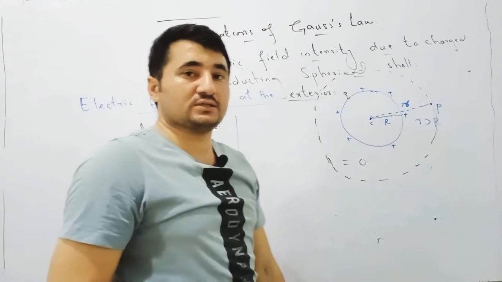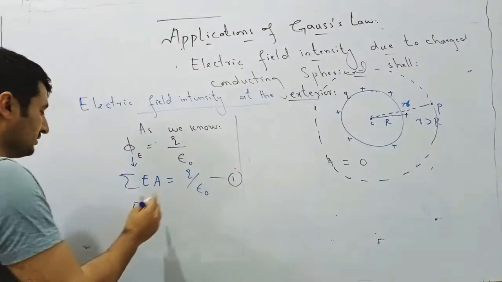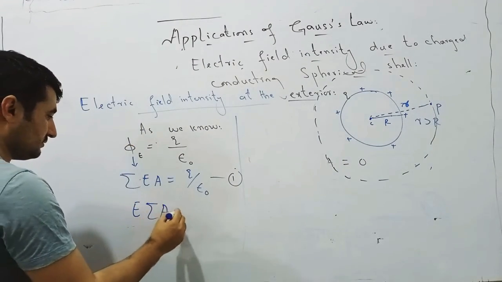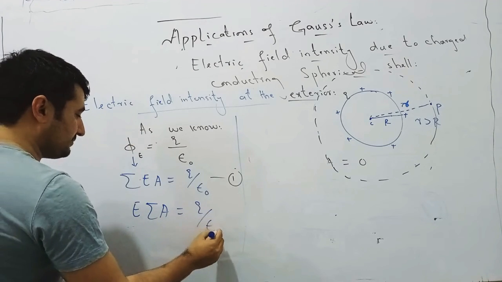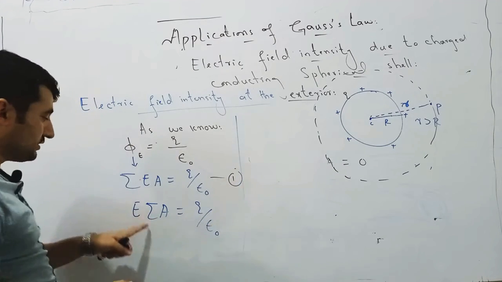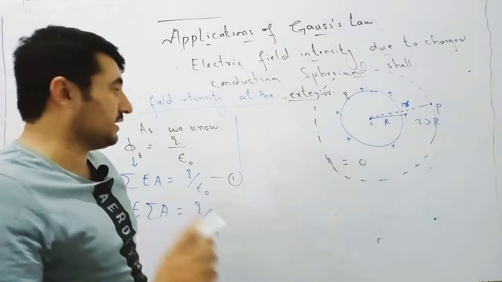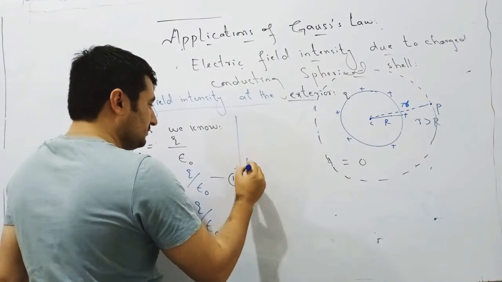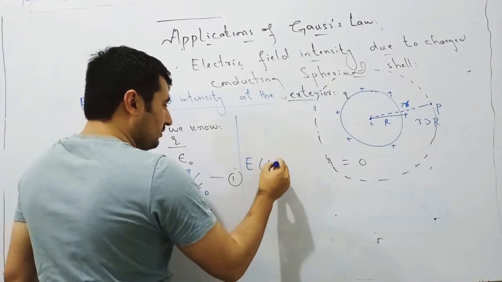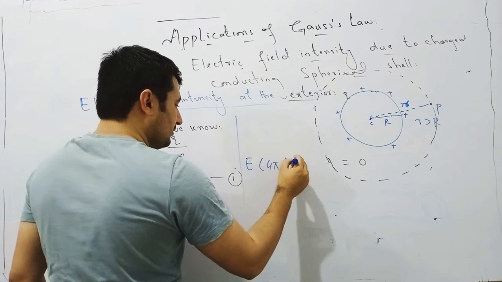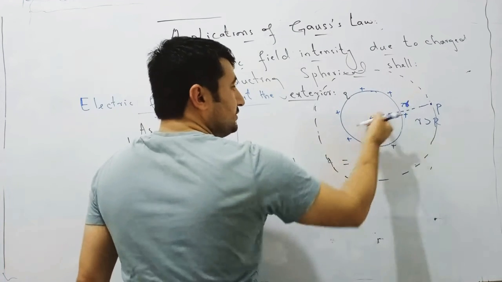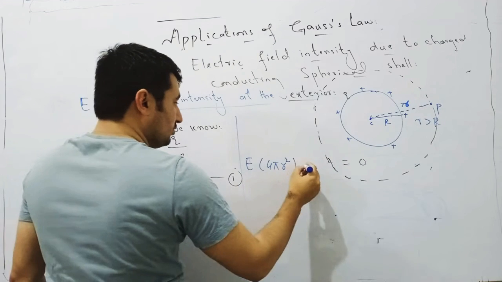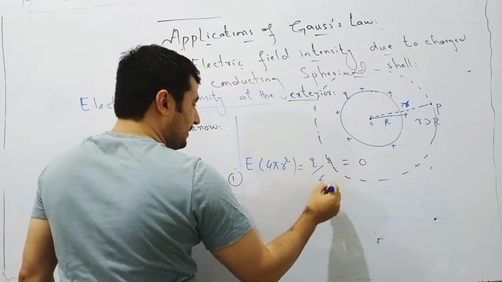Whole surface is area आपके पास जो है, you know, this is Q by epsilon naught, और ये surface area जो sphere का है, you know, it is 4 pi r square, where r is the radius of this spherical shell, equal to Q by epsilon naught.